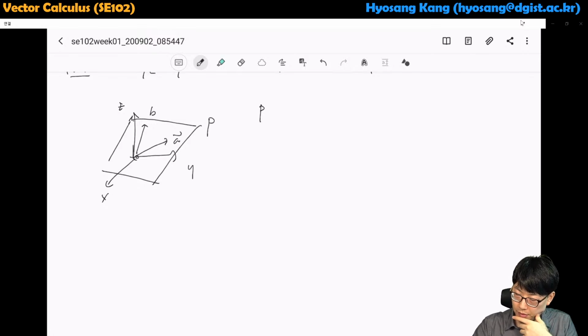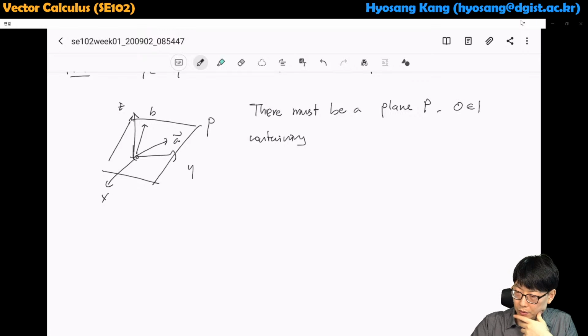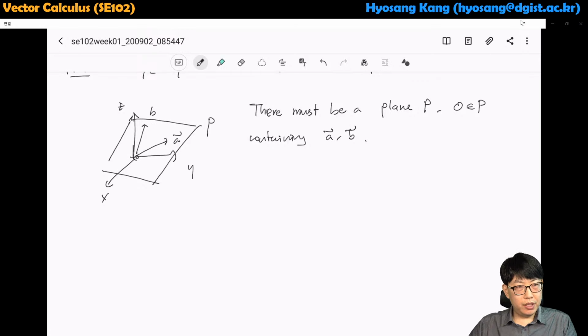There must be a plane P containing O, containing A and B. Now, although A and B are three-dimensional vectors, if you just think about the plane P, A and B can be considered as two-dimensional vectors inside of P, right?